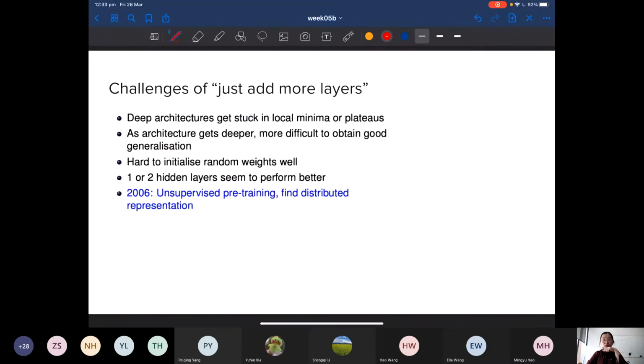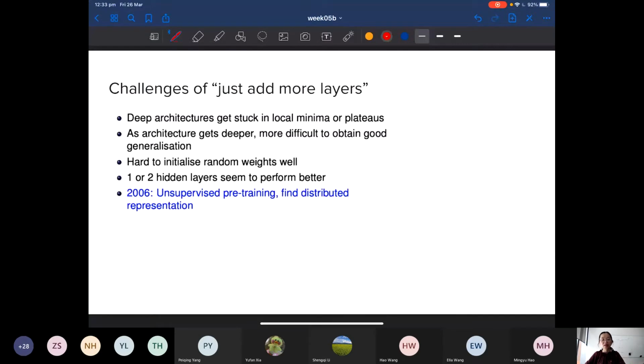So if the goal of deeper layers is to learn compositions as higher and higher level representations, we're not having a free lunch again. We're not gaining expressive representation power for nothing.